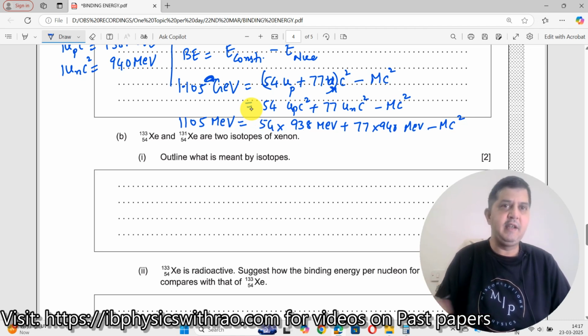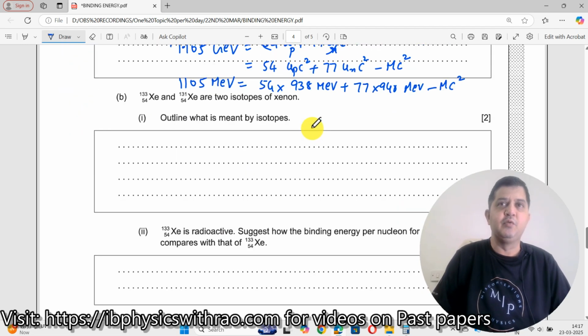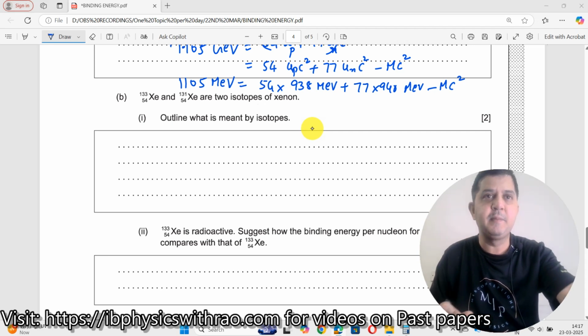Now I need to simplify this, and I need to show the mass of the nucleus. Let me use my calculator.